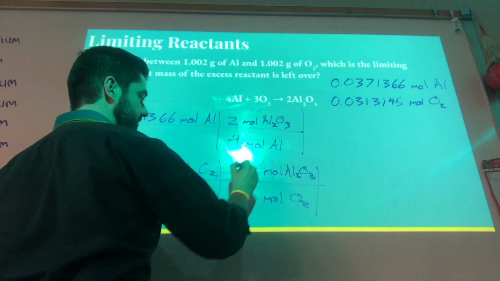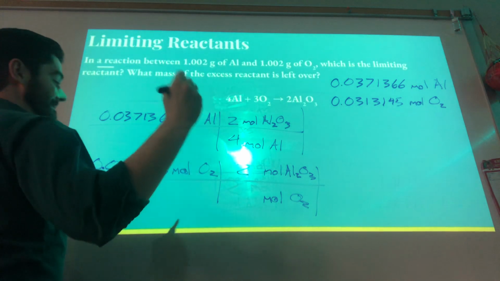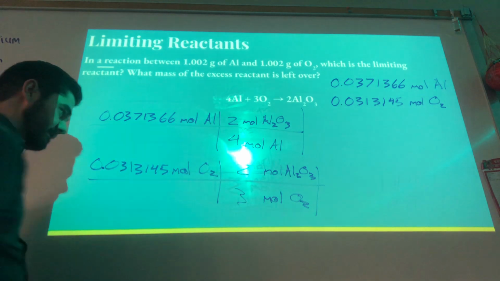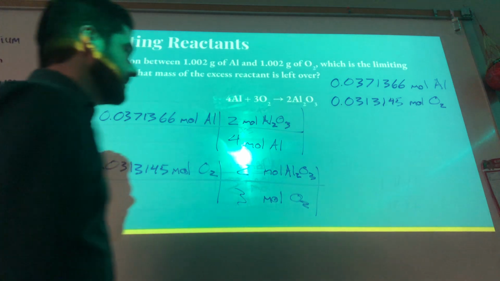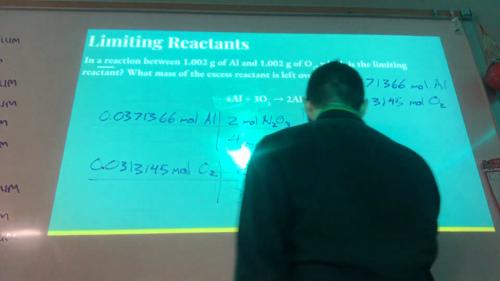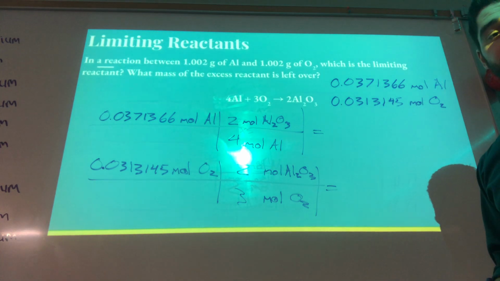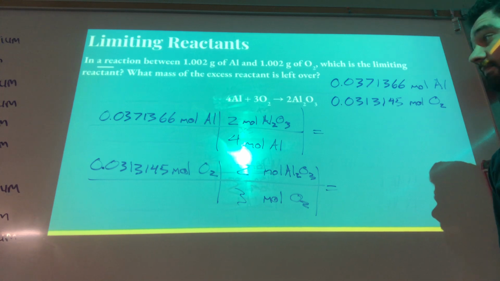Good. 2 moles of aluminum oxide over how many moles of oxygen? 3. Very nice. Okay, and I'm gonna see which one makes less. The one that makes less is the limiting reactant. It's gonna be oxygen.